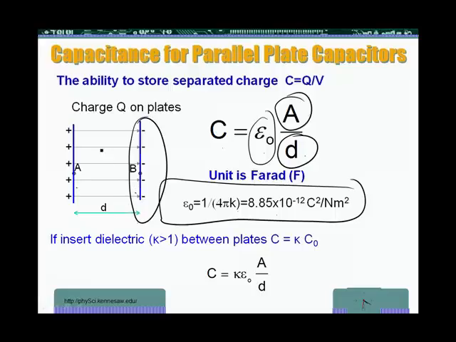If we have an insulator between the plates instead, what's going to happen? The positive charges from here are going to repel the positive charges from the surface of the insulator.